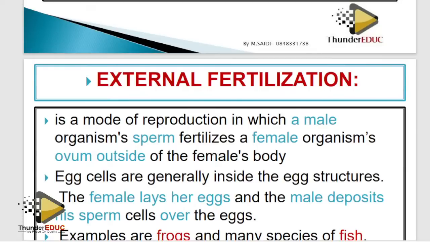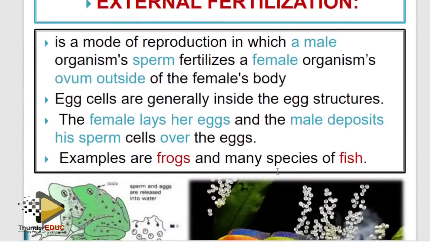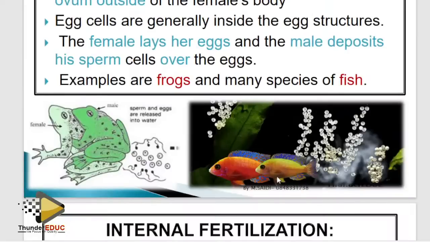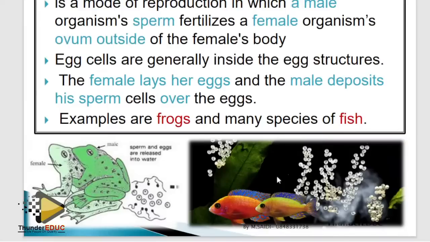Fertilization is when the haploid nucleus of the sperm fuses with the haploid nucleus of the ovum to form a diploid zygote. That is the best definition. When this fertilization occurs outside, it is external. When it occurs inside, it is internal.